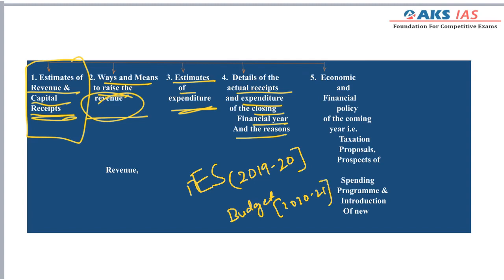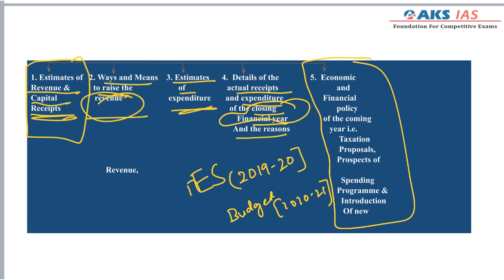So this annual financial statement will have the details of actual receipts and expenditure of the closing financial year, as well as the reasons for any kind of deficit or surplus if it had happened in that year. And the fifth and last provision it will have is the economic as well as financial policy of the coming year.